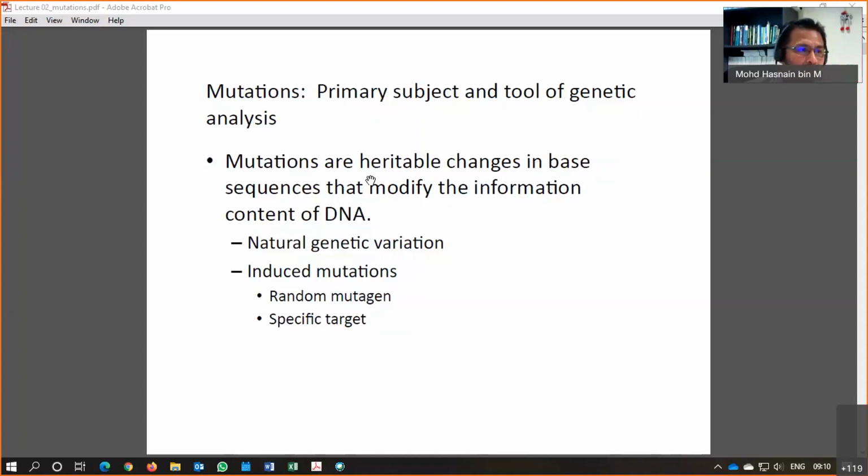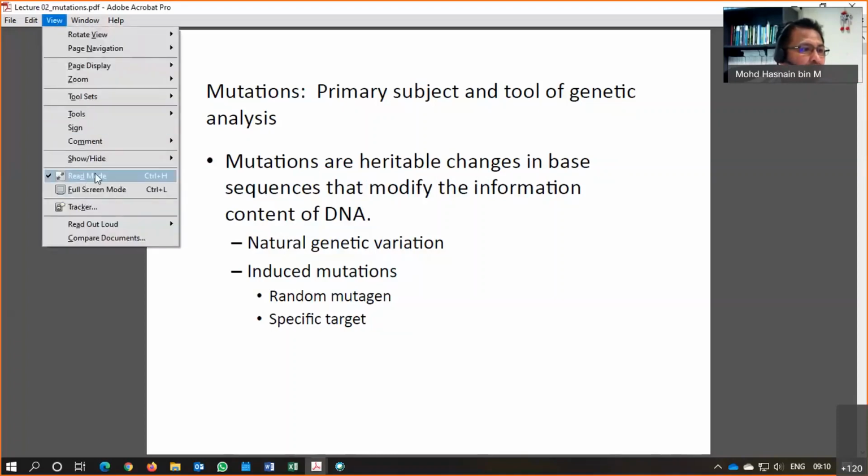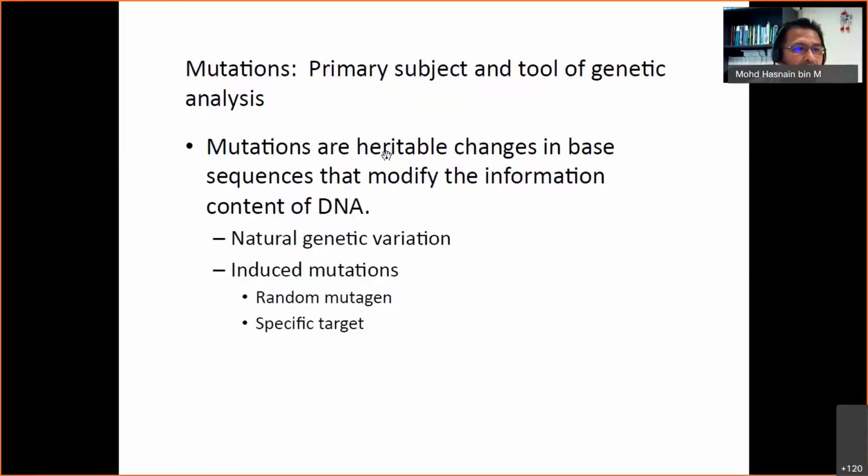This statement: mutations that are heritable are changes in base sequence that modify the information content of the DNA and are carried from one generation to the next. You can have mutation occur even without exposing yourself to any mutagen.